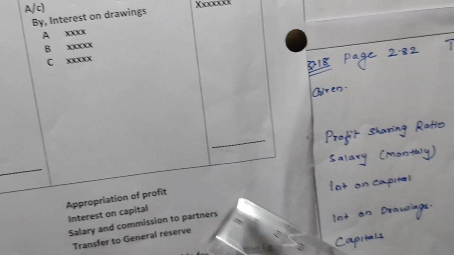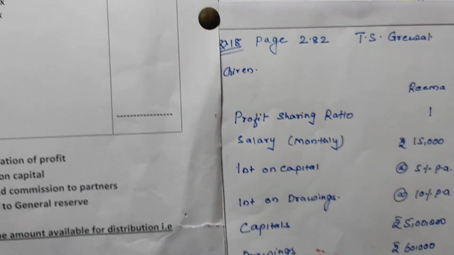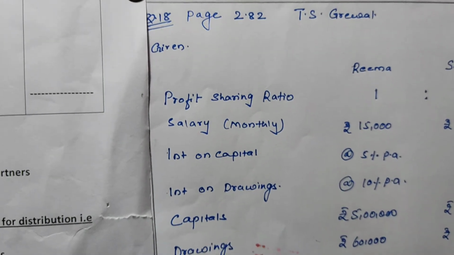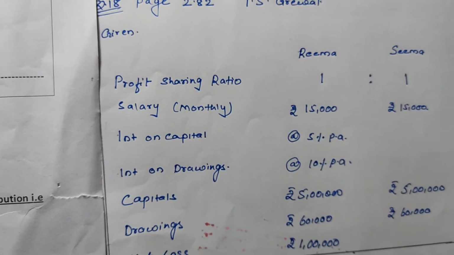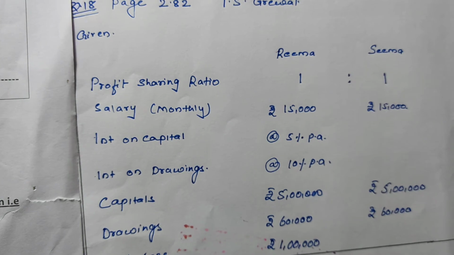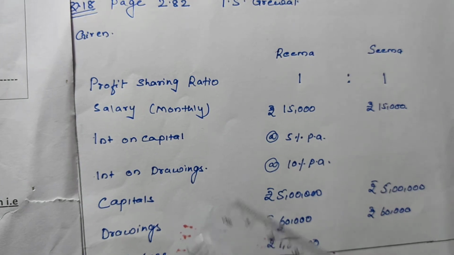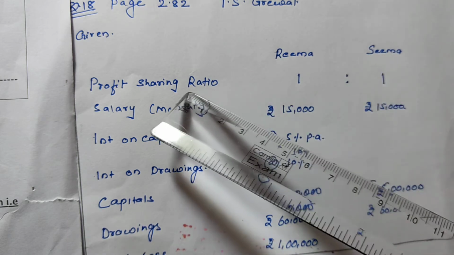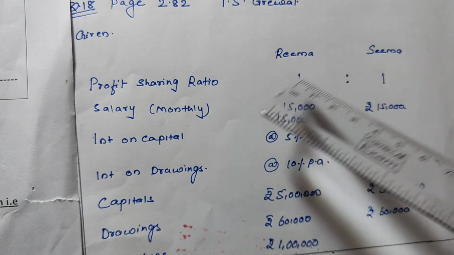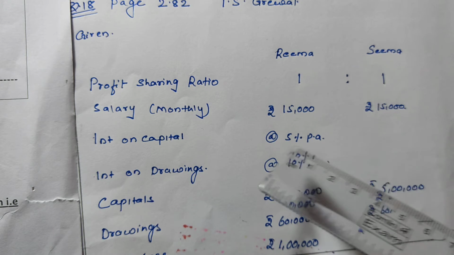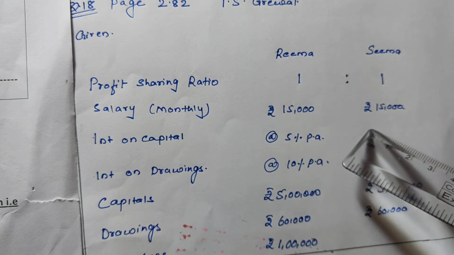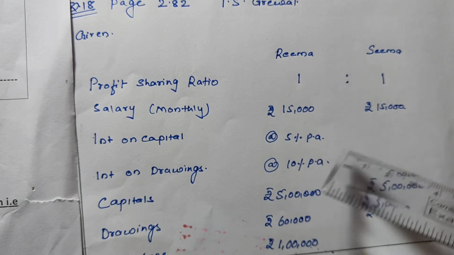Okay, now let's see a problem. Here I am solving question 18 of T.S. Grewal, page number 2.82. I am briefly explaining the question here, then we'll solve it. The question says that Rima and Seema are the partners who share the profit and loss equally, that means 1:1. They are given monthly salary of 15,000. Both of them are getting 15,000 salary monthly.